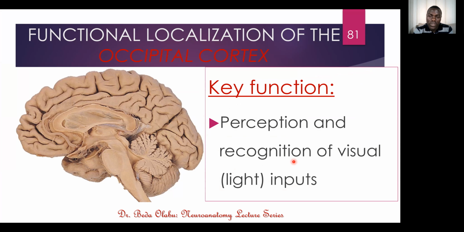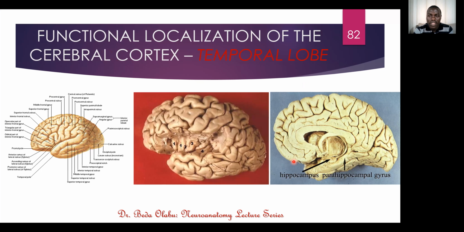Let's now look at the final cortex, the temporal lobe. So just a preview of the temporal lobe. On your left, we are looking at the temporal lobe from a lateral aspect. We see 3 gyri, that one, and that one.